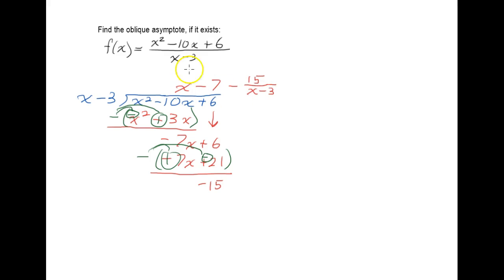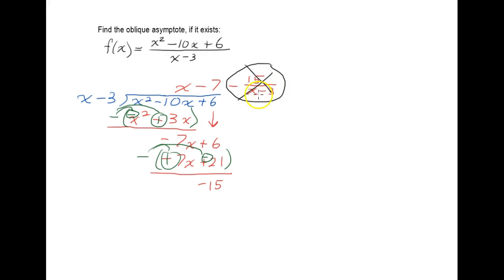That's the entire answer. However, what we're going to do is cross out this remainder, this last fraction. And the reason is because the oblique asymptote is what the function looks like as x grows really large. Well, as x gets really big, we have 15 divided by something really big.